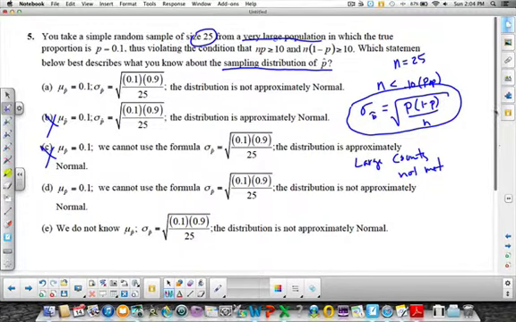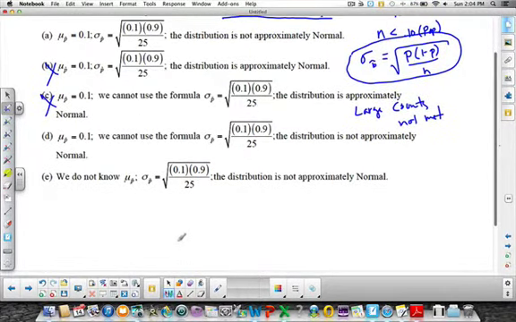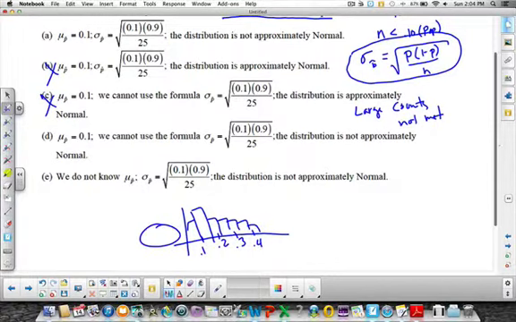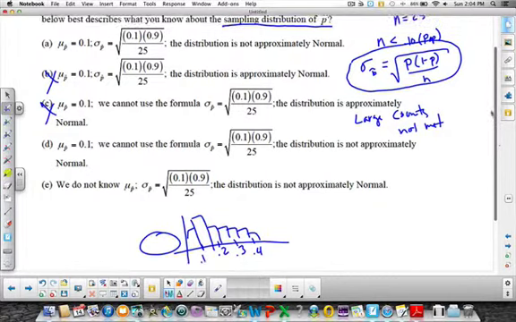And in fact, if you think about it, because the proportion is 0.1, if I looked at the sampling distribution of this, 0.1 is here, 0.2 is here, 0.3 is here, 0.4 is here. It's probably going to be skewed closer to 0.1 because the sample size isn't very big, and then go down here, right? Because you just don't have this other side in order to get the symmetry that you're looking for, because you run into 0.